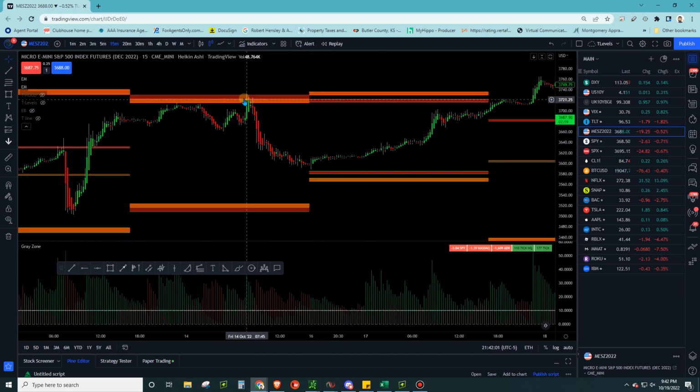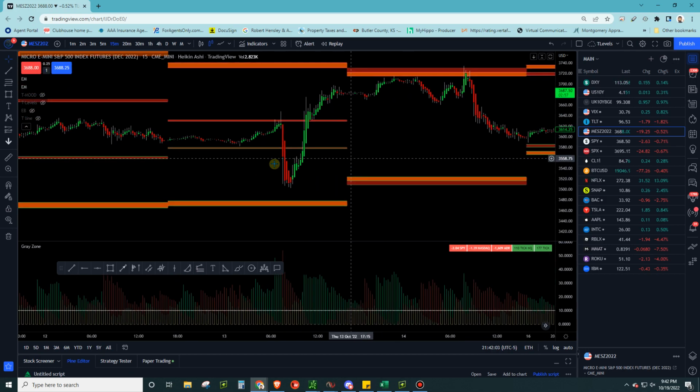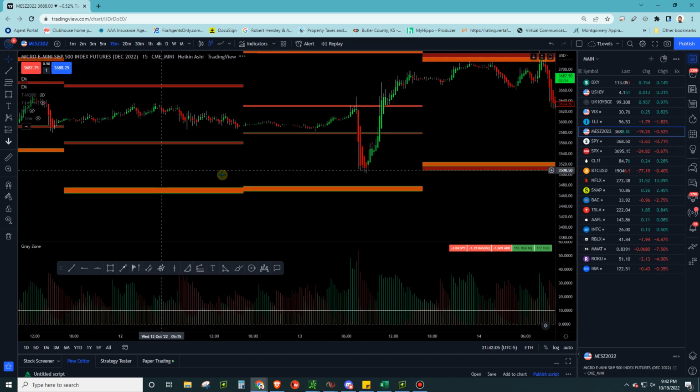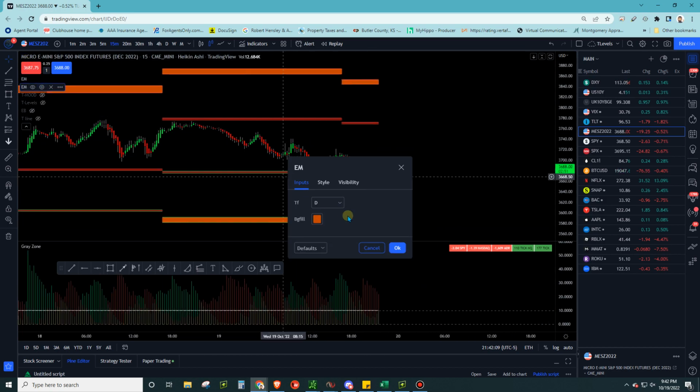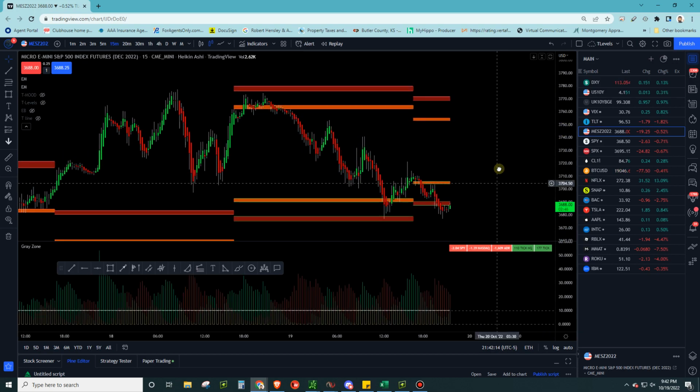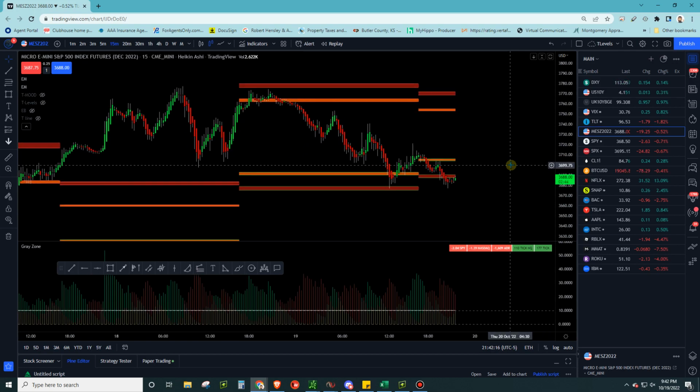Here's one where we traded up into the level. But you can see many days where we're not trading that daily resistance, that daily expected move. So again, I'll drop that down, give myself a little bit more of a tradable higher time frame resistance.